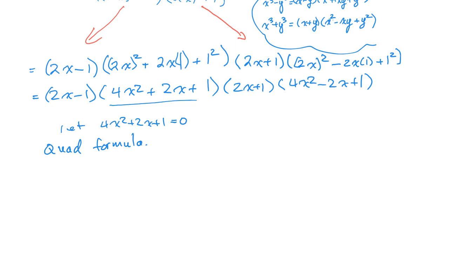Save yourself some time and check the discriminant, b squared minus 4ac. Figure out what that is. So b squared minus 4ac is equal to, well, our b is 2, so 2 squared minus 4 times 4 times 1.